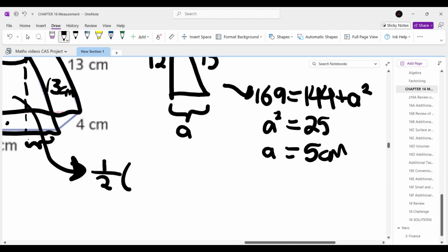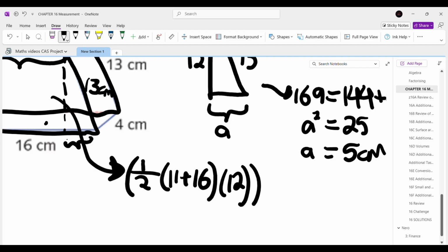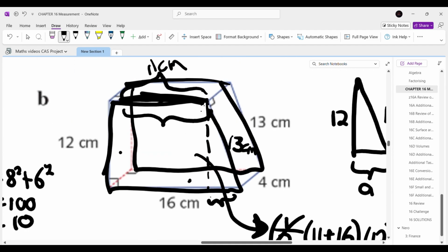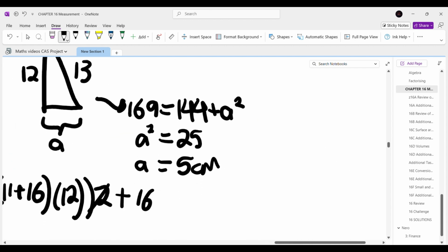Now that we have this, we can start to crunch these numbers. So our two bases are 11 plus 16 times our perpendicular height of 12. Then we multiply this all by 2 because there's 2 of them. Obviously, we can cancel out the half and 2. Plus, now let's find the other sides. So we've got 16 times 4 on the bottom, plus 11 times 4 on the top.